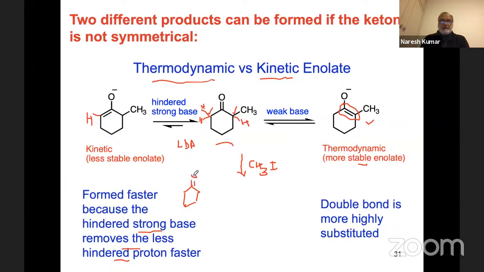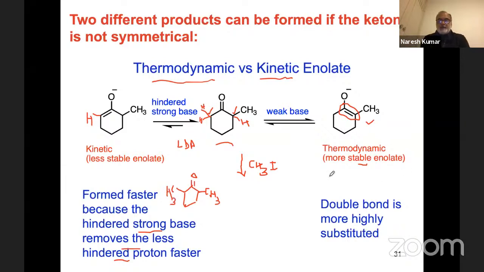So you will have the methyl group going over here, and your starting compound already has a methyl group here. So this will be the product that will predominate in this reaction, CH3, CH3, if you use a hindered base and methyl iodide.